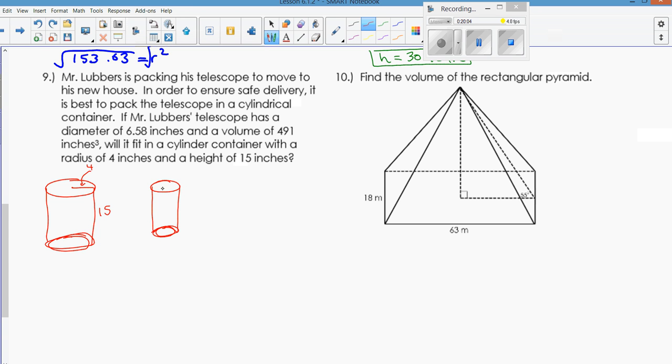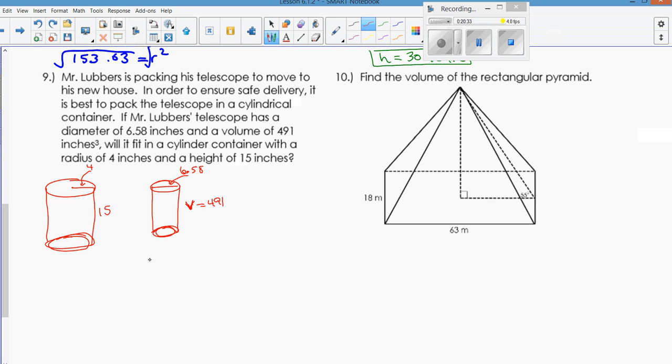The telescope has a diameter of 6.58 inches, but it has a volume of 491. Oops, sorry, volume. Okay, so we can't really compare too much here. We know that this has a diameter of 8, and 6.58 will fit in there. What I want to know is maybe if this is too tall for it. So maybe let's see if we can find the height of this little one.